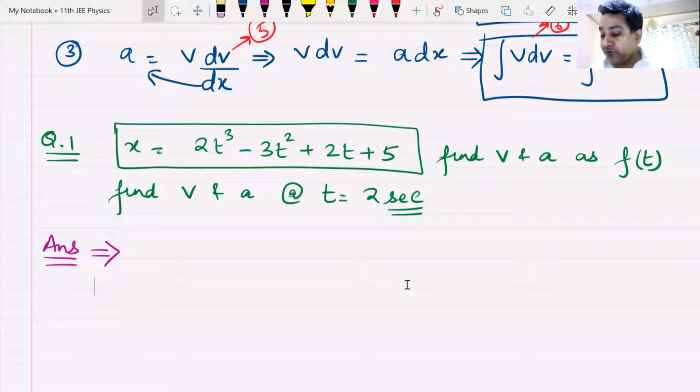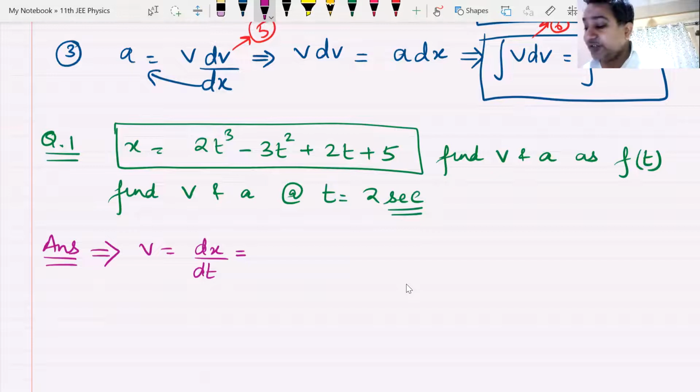Okay, so let us find velocity first. Velocity is dx by dt. So differentiate this one. 2t cube, so it will be 2 multiplied by the derivative of t cube. Derivative of t cube becomes 3t square.